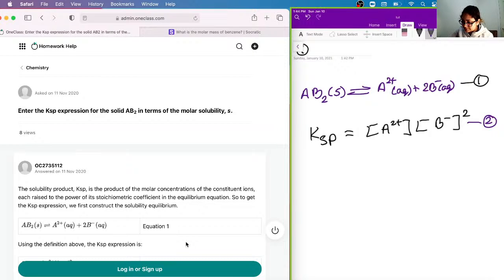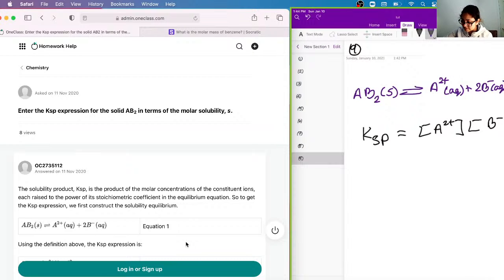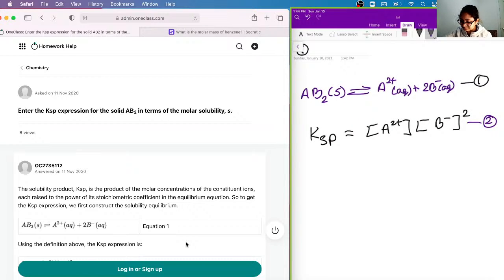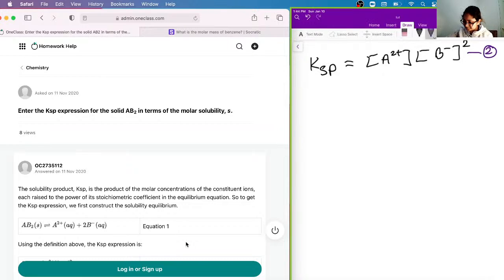So now what we do, we substitute the molar solubility, and to get that, we make the ice table for this equilibrium reaction. So let S be the molar solubility of basically the product. In this case, it's a salt. And so let's make an ice table. So you have your initial concentration, your change in concentration, and your equilibrium, right?